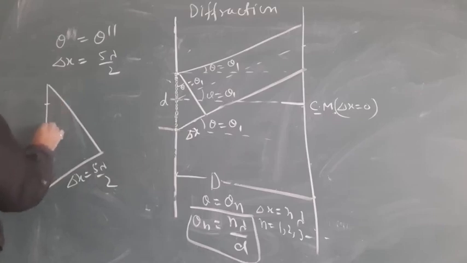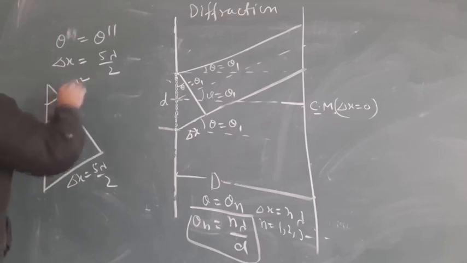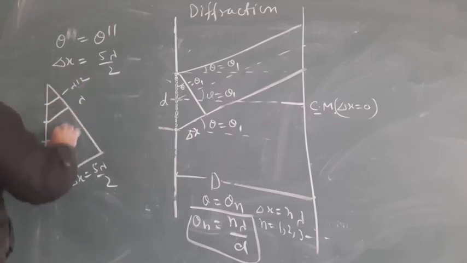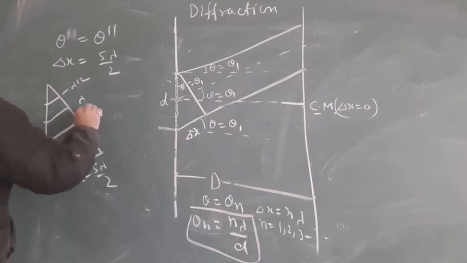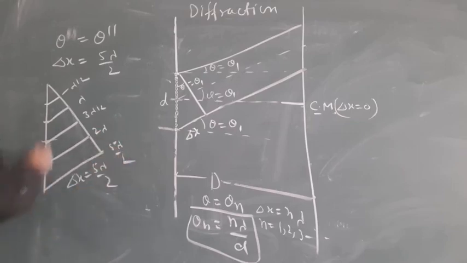So 1, 2, 3, 4 and 5. This would be lambda by 2, this would be lambda, this would be 3 lambda by 2, this would be 2 lambda, and this would be 5 lambda by 2. So this is D, the first particle and the last particle. If the path difference between the first and last is 5 lambda by 2, then the slit can be divided into 5 equal parts of lambda by 2.